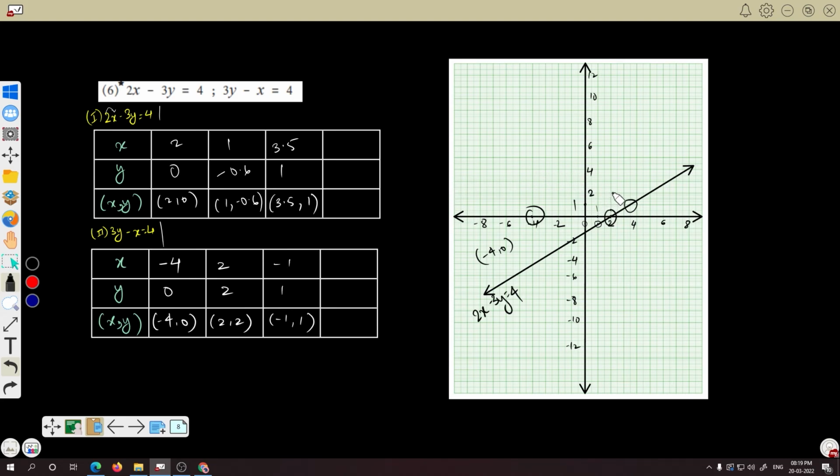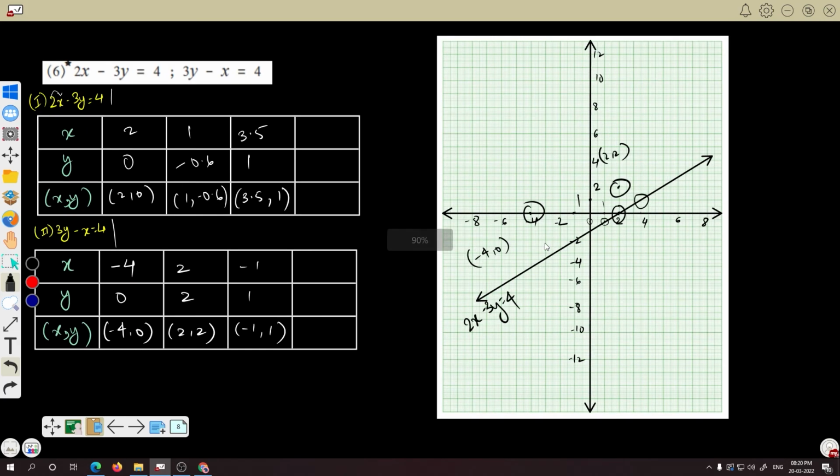If I plot 2 comma 2, it is exactly at this point. This is 2 comma 2. Now the third point is minus 1 comma 1. Minus 1 is exactly at this point, and plus 1 is at this point.